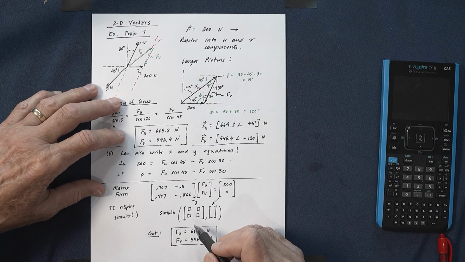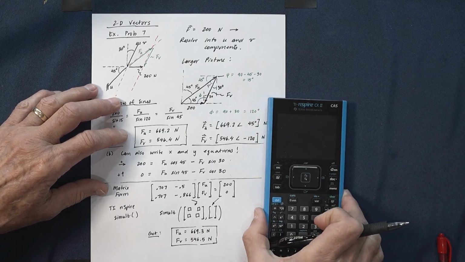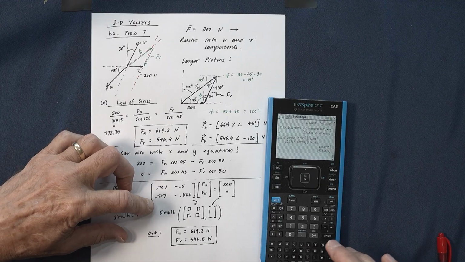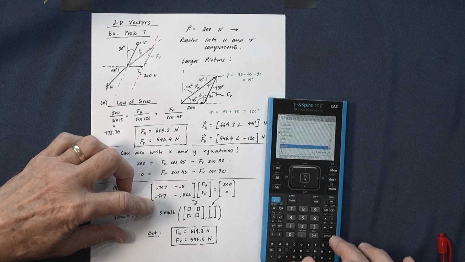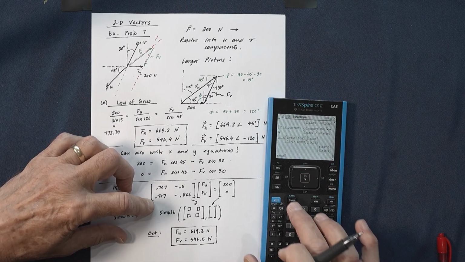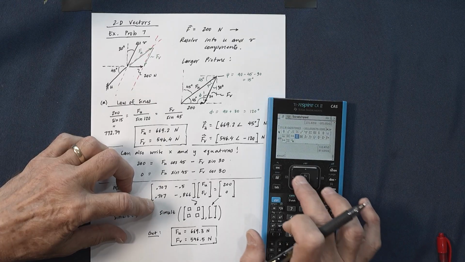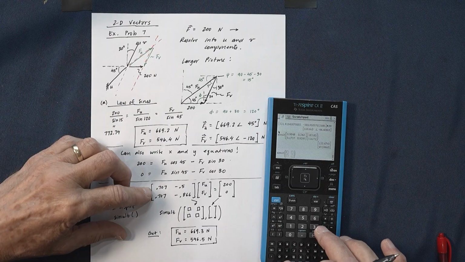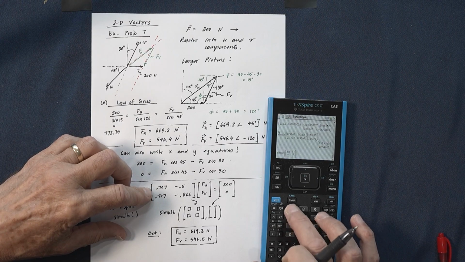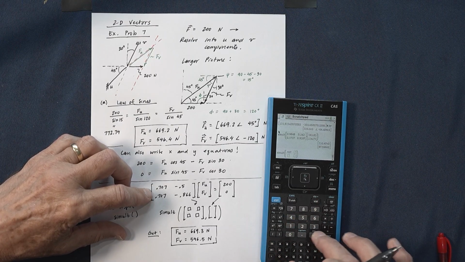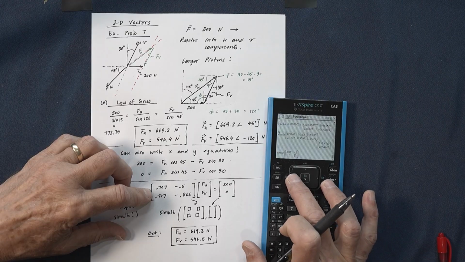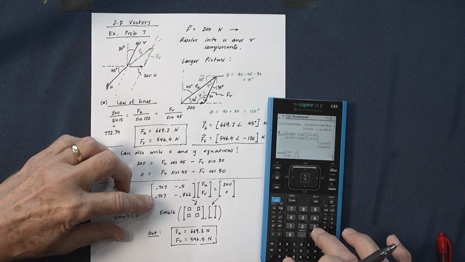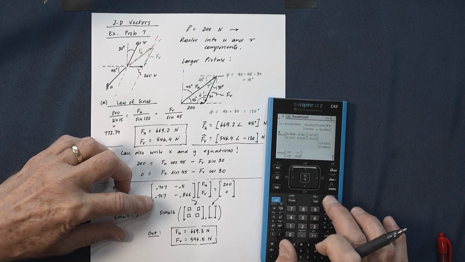So you put this into your calculator, and we'll use the simult function. We're going to go to catalog, simult, template, 2x2 template. And we're going to enter 0.707, minus 0.5, 0.707, and then minus 0.866.